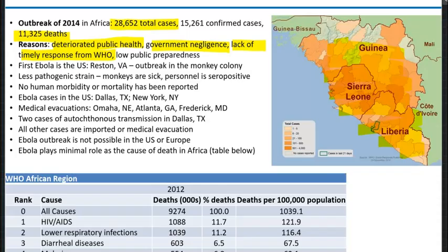And there are a lot of public issues with this. There is a general mistrust of government. So when people were showing up to bury the dead, the local folks were like, no, we're not going to let you because we don't trust you. Make sense? Some local customs were not particularly conducive to limiting the outbreak.